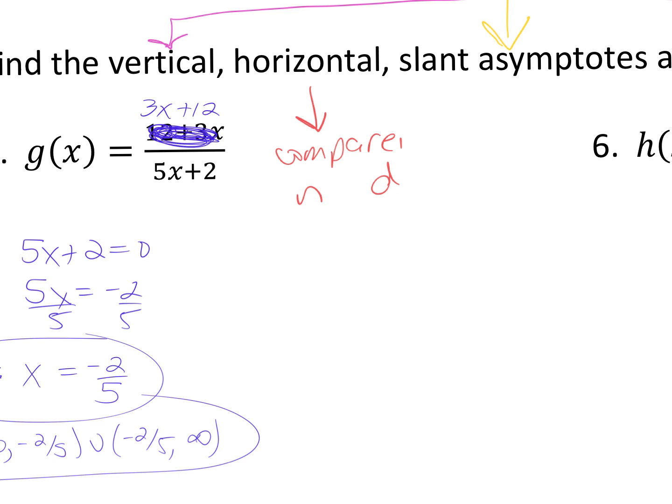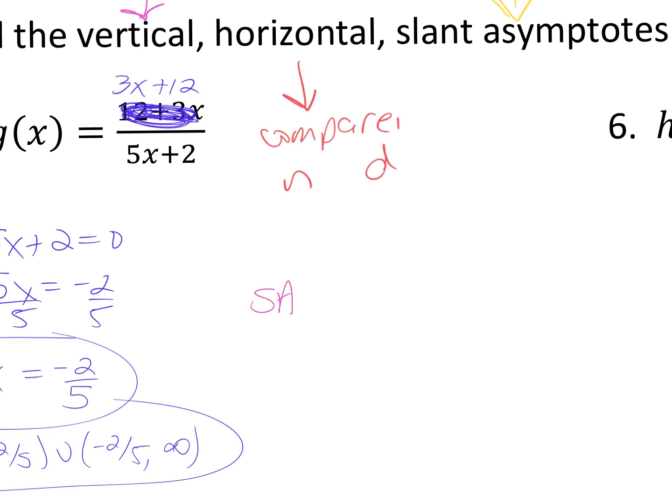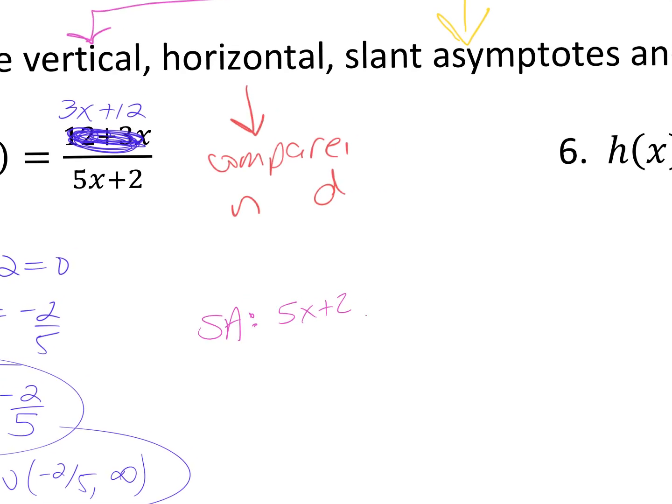How do you find the slant asymptote? You divide. So you would say 5x plus 2 on the outside and 3x plus 12 on the inside, right? First term into first term. 5x times what is going to give me 3x? It's going to be a fraction of some sort.